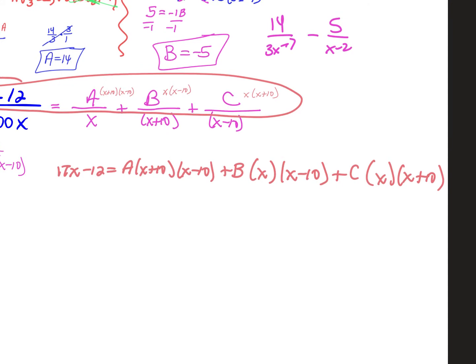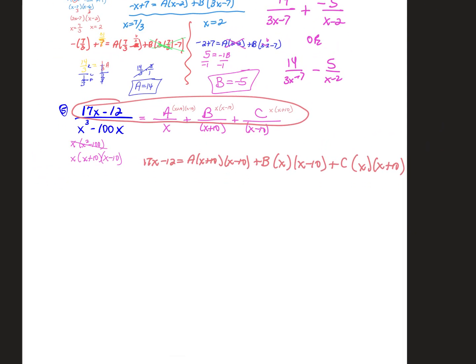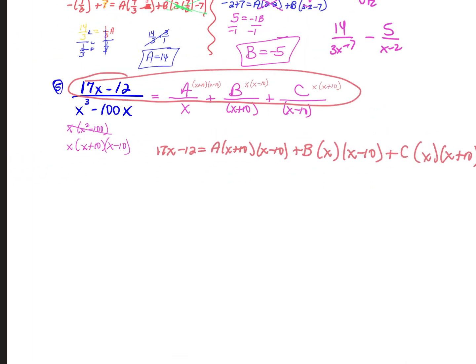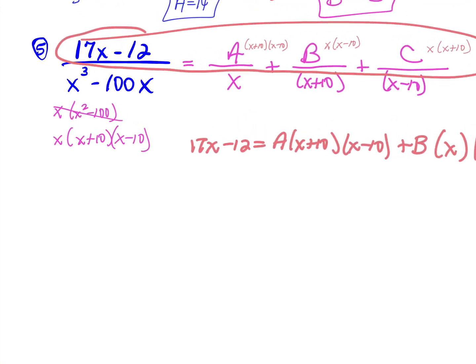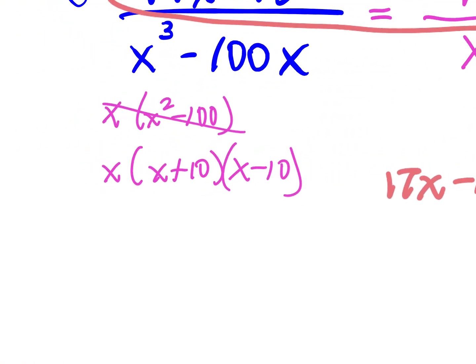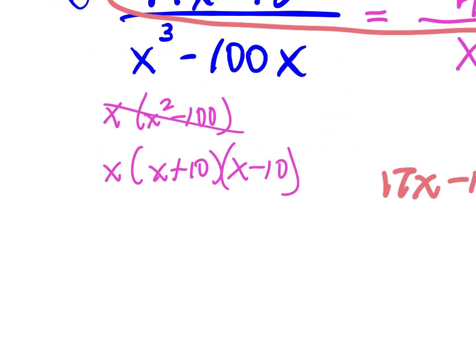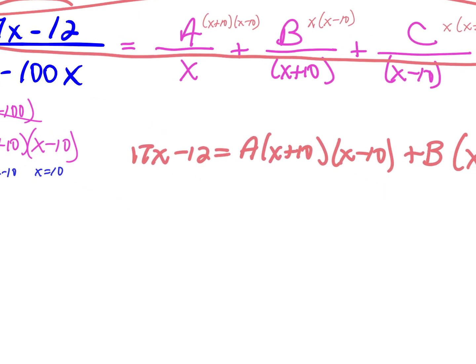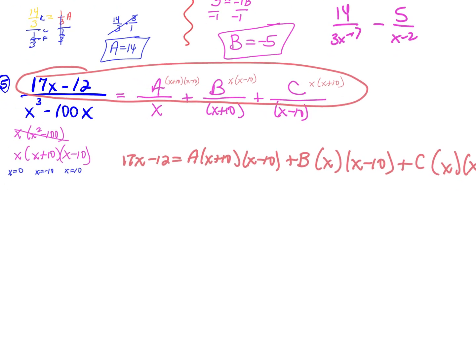Now, how many times are we going to have to evaluate that equation? 3, because I have 3 pieces in my denominator. Do we know yet what numbers we're going to plug in? What do we do with each piece of that denominator? Set it equal to 0. So I'm going to use x equals 0, x equals negative 10, and x equals positive 10. You guys with me? Okay, perfect. I'm going to go just in that order, just because I want to.